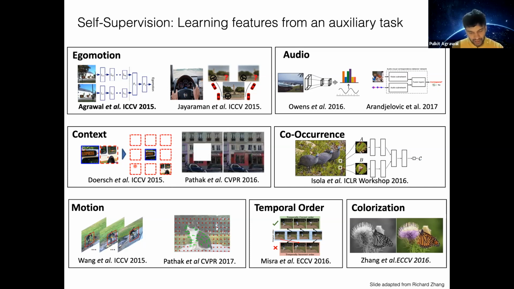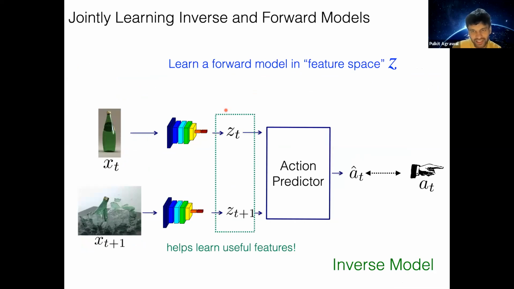Right? So, one thing you could do is you could take any of these methods. Over here, I'm going to focus on one of them, which is predicting the action. And you can learn some useful features. And then you could learn a forward model in this feature space. So this could provide you an alternative to doing pixel predictions if you were to build forward models.